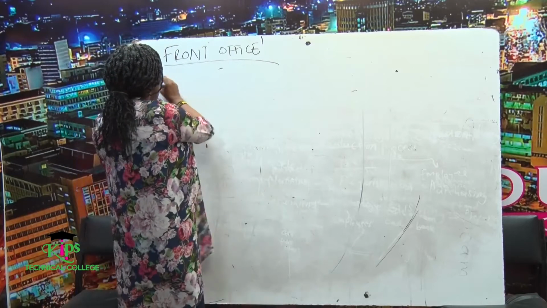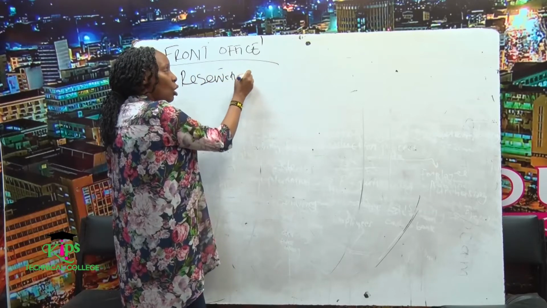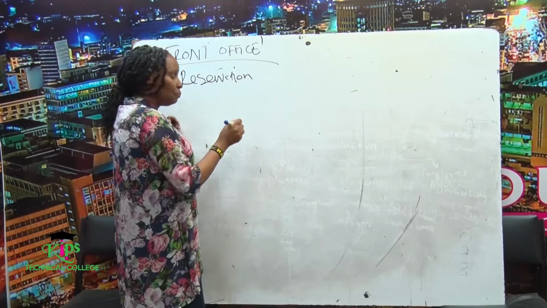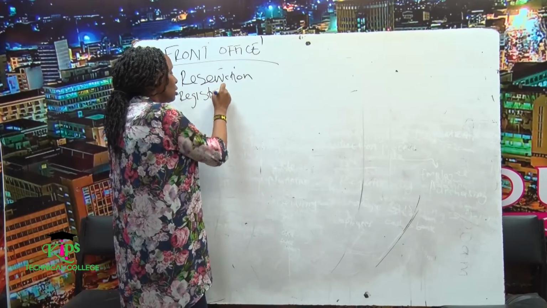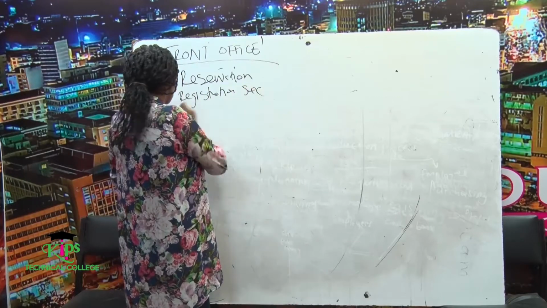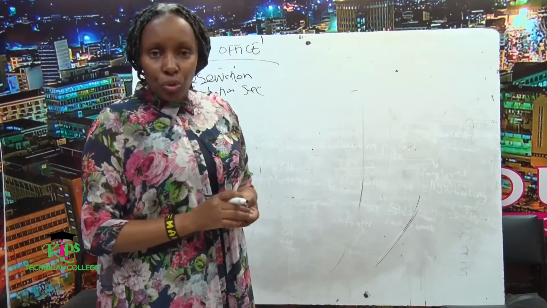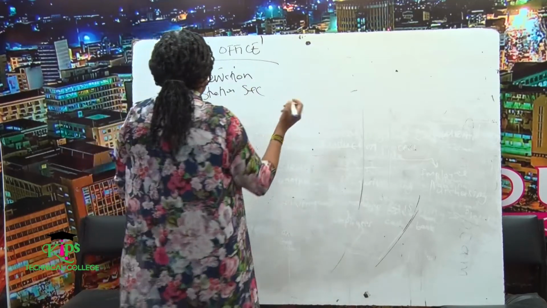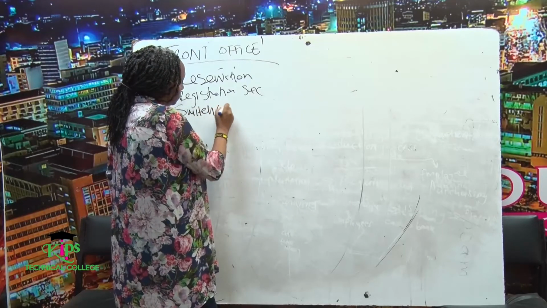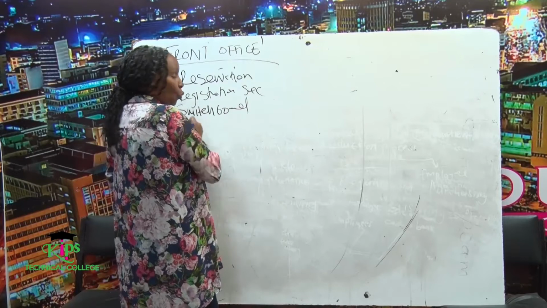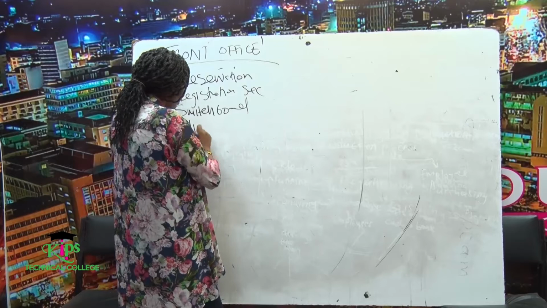We've got a section called the reservation section. We've got the registration section. We also have the switchboard, which I'm going to talk about in detail. We also have something called the night audit.